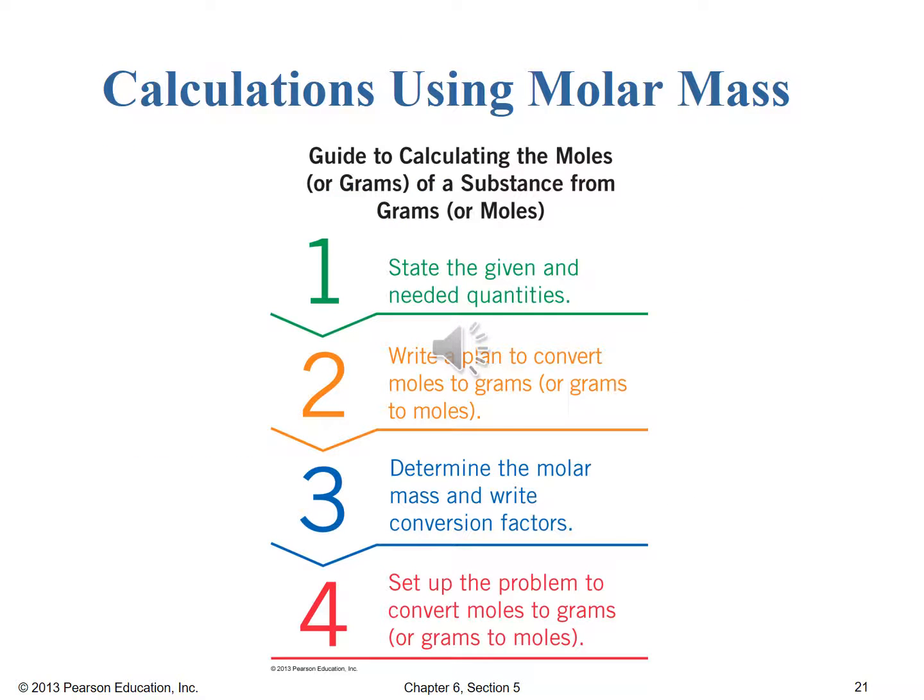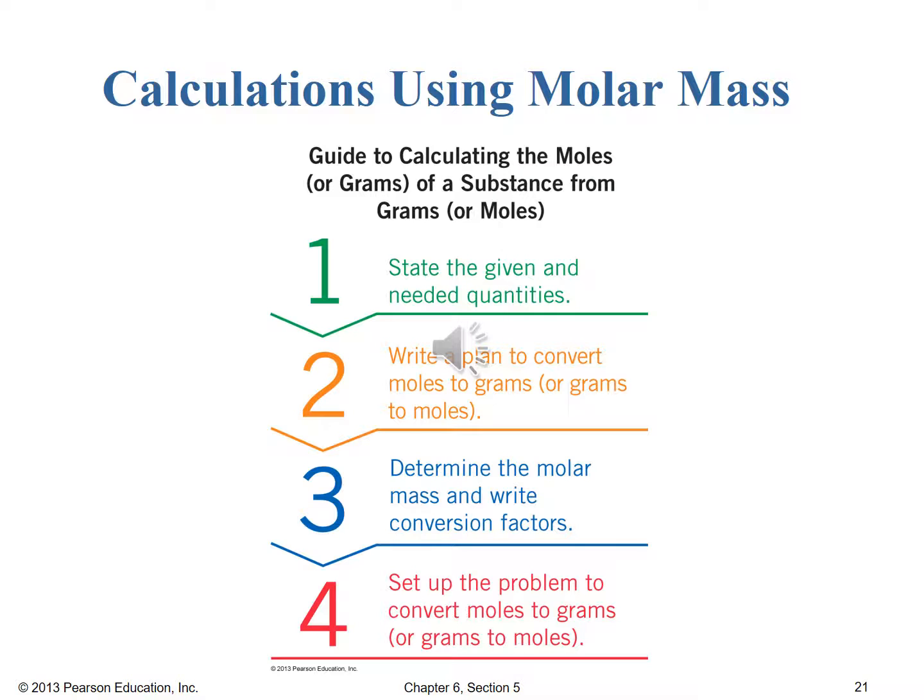As I hope you've become accustomed in the course, now that we have another type of conversion factor, we can now talk about calculations using that. And in this case, calculations using molar mass. We can calculate the moles or the grams of a substance from the grams or the moles of a substance. So first, whichever direction we're going, we need to state the given and needed quantities.